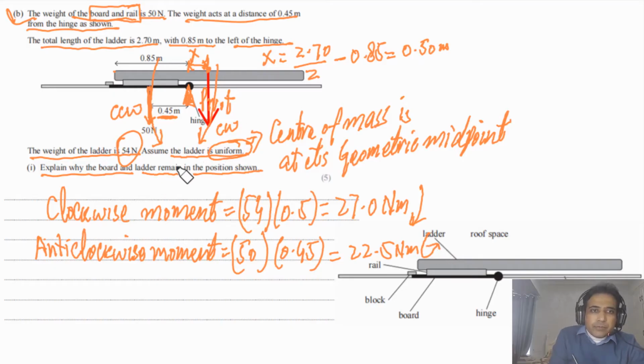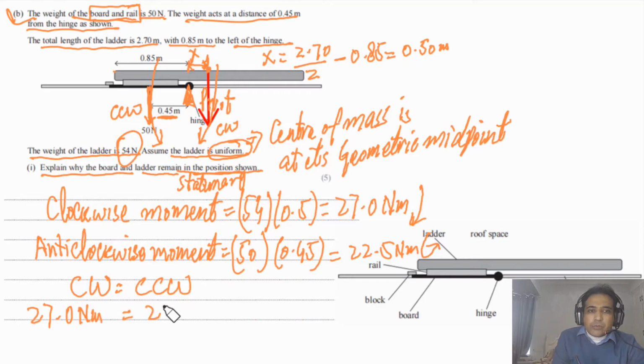For this question, it is given to us that the ladder remains in position. It means this one is stationary. You can also say this is in equilibrium. It means the clockwise moment has to be equal to the counterclockwise moment. The clockwise moment we have is 27.0 newton meters, and the counterclockwise moment is 22.5 newton meters, and this one is less.